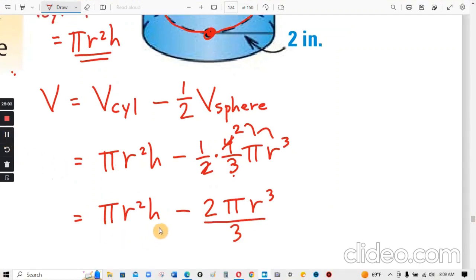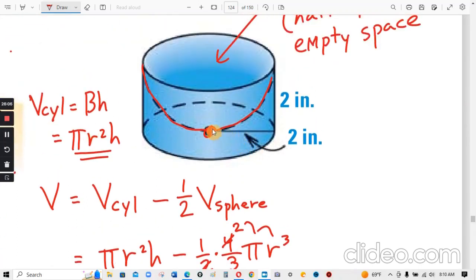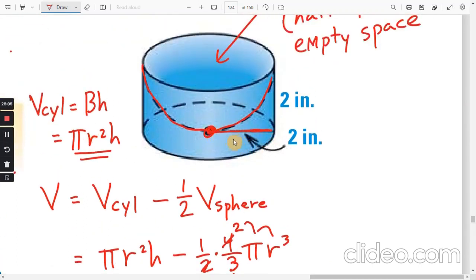All right, so we need r and we need h. If you go to the diagram, go from the center to the circle, that's your radius r, and that's 2 inches. And also right here on the side of the cylinder, the height h also happens to be 2 inches. So 2 inches for both h and r.